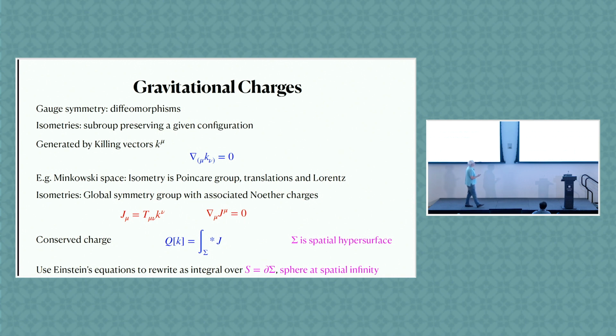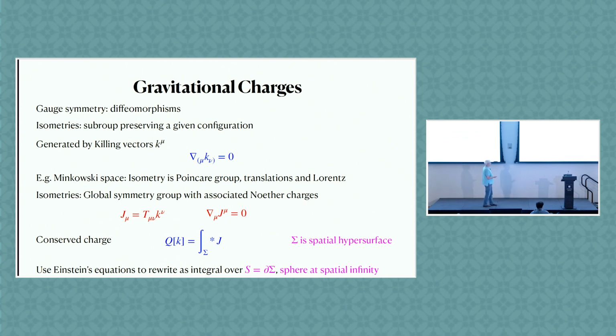For Minkowski space, we have the Poincare group, and the isometries can be thought of as a global symmetry group for this spacetime. There are associated Noether charges giving rise to conserved charges given by the integral of, for example, this current over a spatial hypersurface.